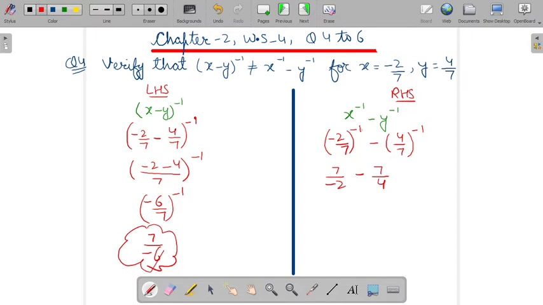Now, remember, you will not put the reciprocal sign now because you have taken the reciprocal of minus 2 by 7. So this is 7 upon minus 2.